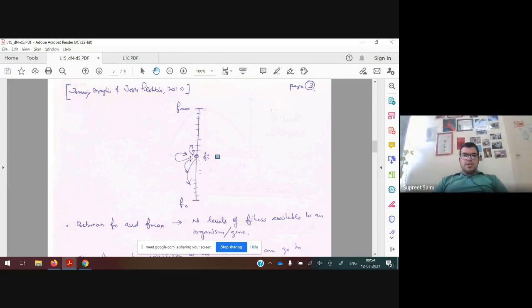Now, what Draghi and Plotkin argue is that if this individual acquires a neutral mutation, that means this new progeny is at fitness level Fi, because by definition this was a neutral mutation.